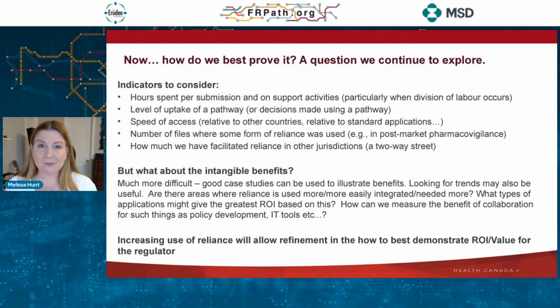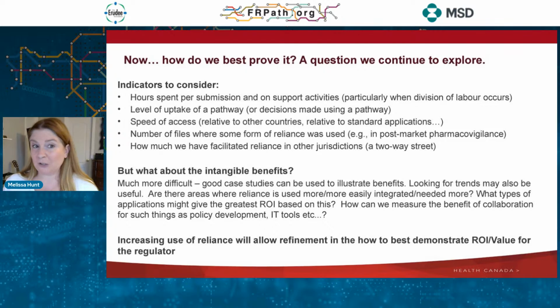That really gives us a sense as to whether we are saving time, resource, etc. But we also have to think about integrating the hours that are spent on support activities as well. Because when you are doing work sharing, for instance, there is a fair amount of coordination and support that is required. So we do have to weave that into our thinking when it comes to the indicator.